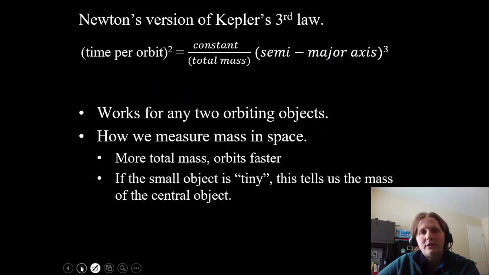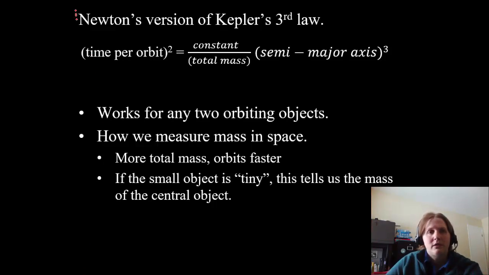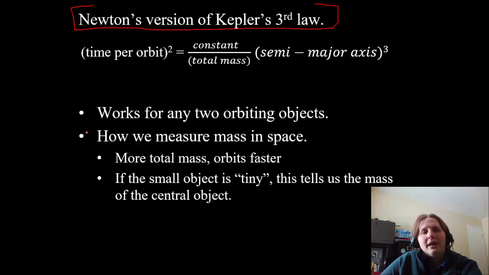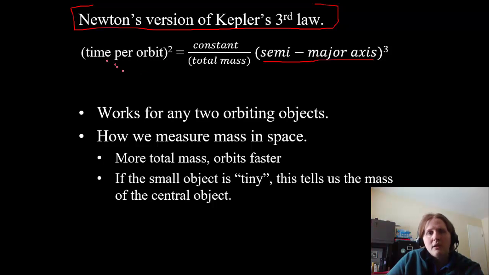So, Newton's version of Kepler's third law. Let's go through this a little slowly. And it doesn't have its own special name. That's literally what we call it. Newton's version of Kepler's third law. Right? And he's going to keep what Kepler said, that a larger orbit takes longer to go around, but now it also depends on the total mass of the two objects.